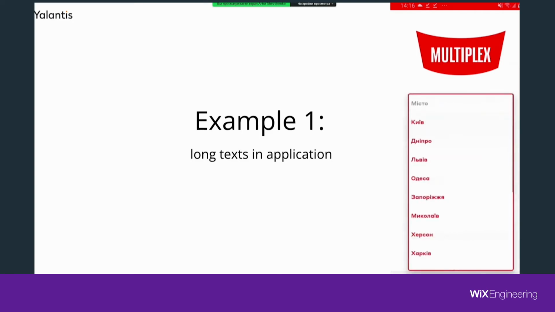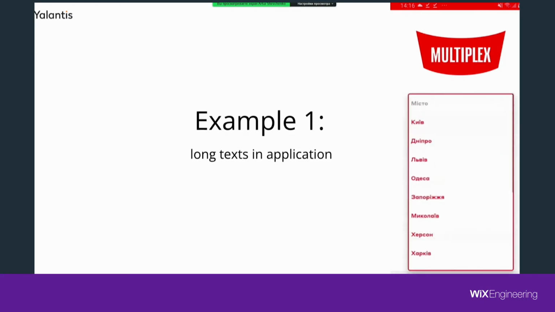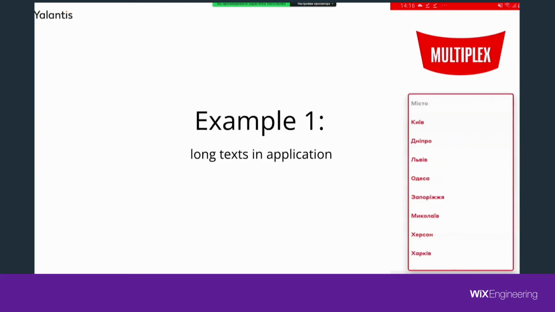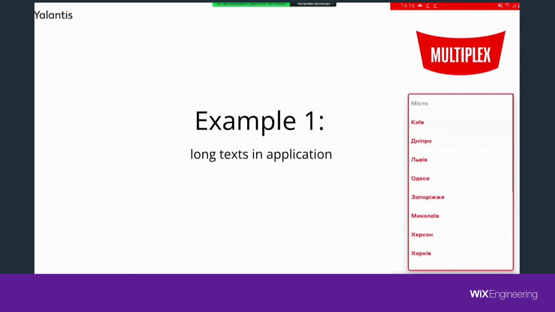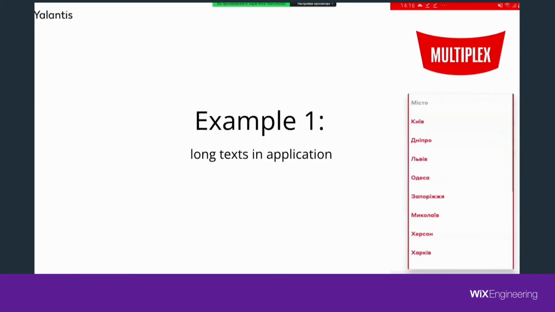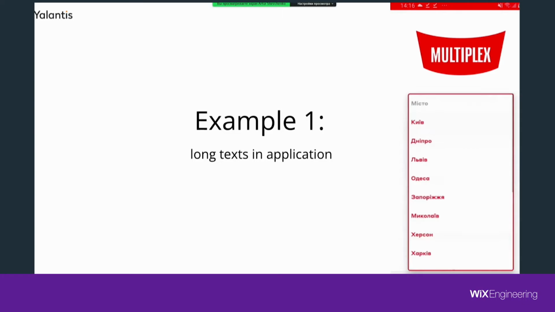And there are two ways. The first is non-scalable: hardcode them. But when we need to add a new city, we will need to rebuild the application and then republish it to the stores. So the more scalable way is to get them from a server.